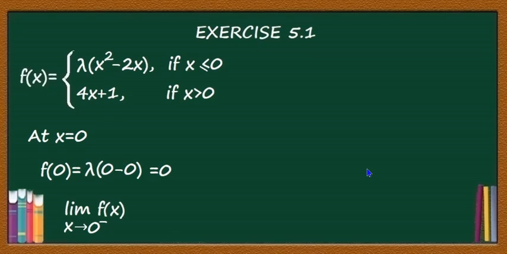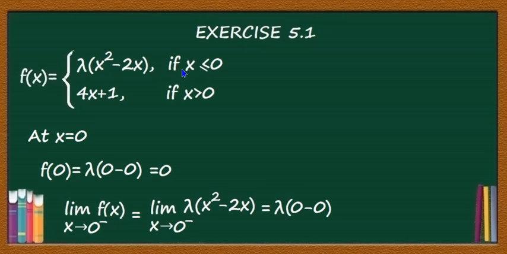And limit x tending to 0 minus f of x. Here 0 minus means less than 0. When it is less than 0, function is defined as lambda into x square minus 2x, and that's equal to lambda into 0 minus 0. Put x equal to 0 here, and 0 minus 0 is equal to 0. Lambda into 0 is equal to 0. Here the left hand limit is 0.